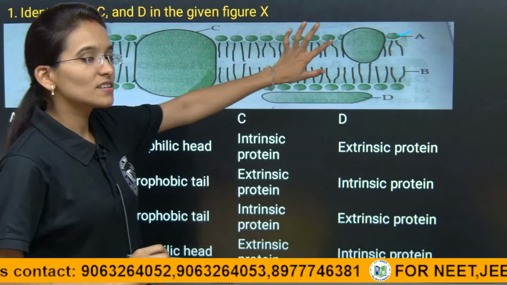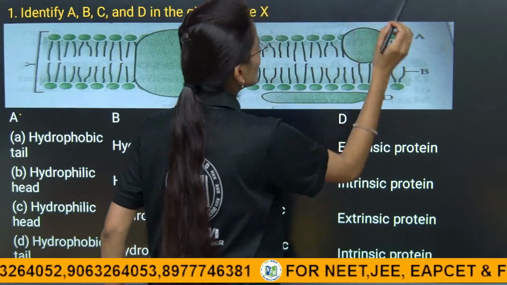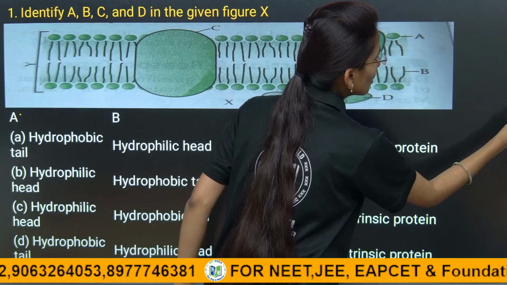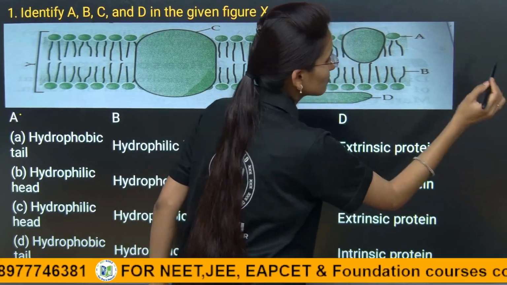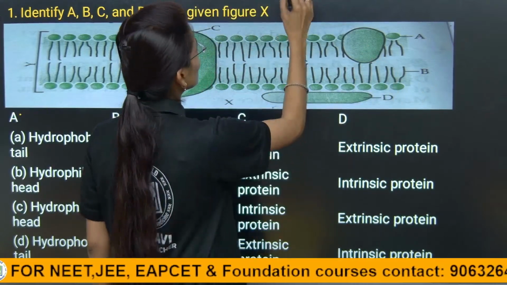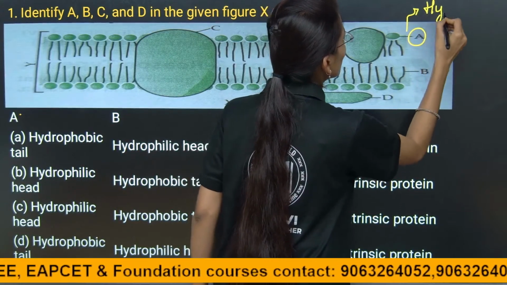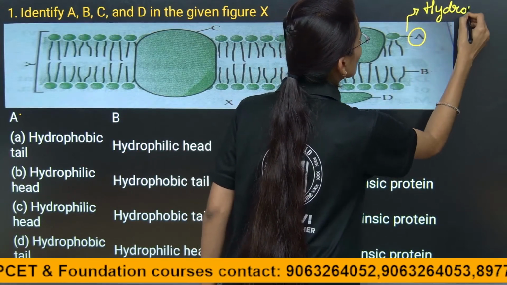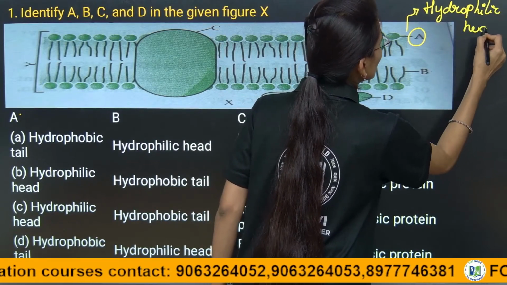So now first let us look into the A, okay. So what does A represent here? A is hydrophilic head, okay.